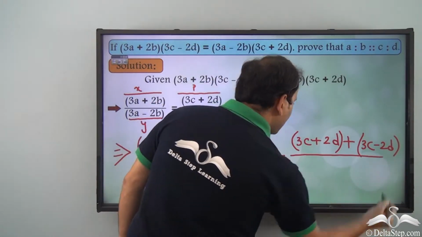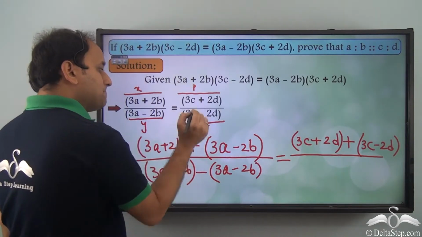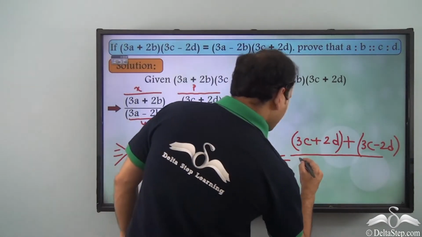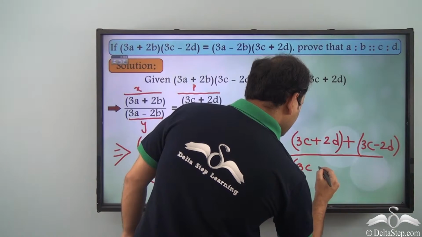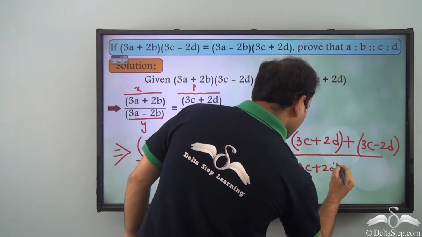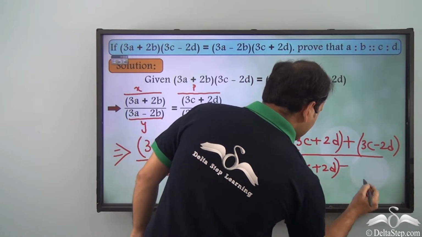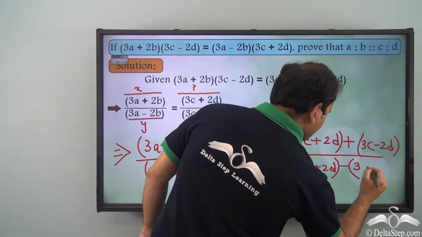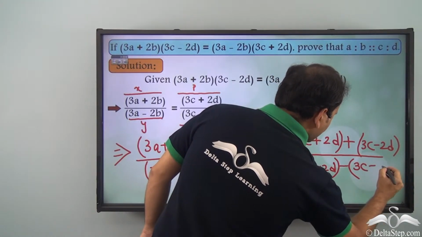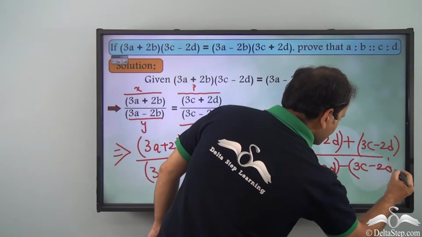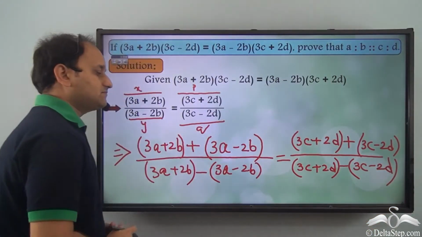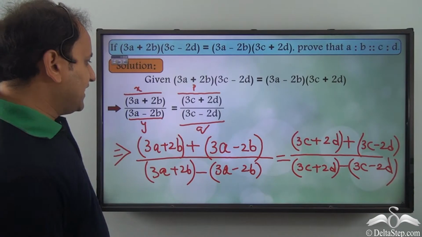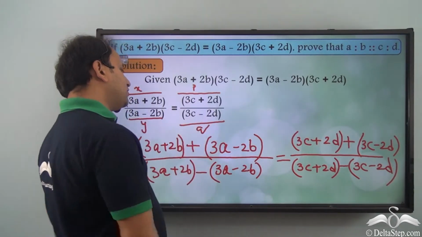This will be divided by p minus q, so (3c plus 2d) minus (3c minus 2d). Now, why do you think we applied componendo dividendo on this?